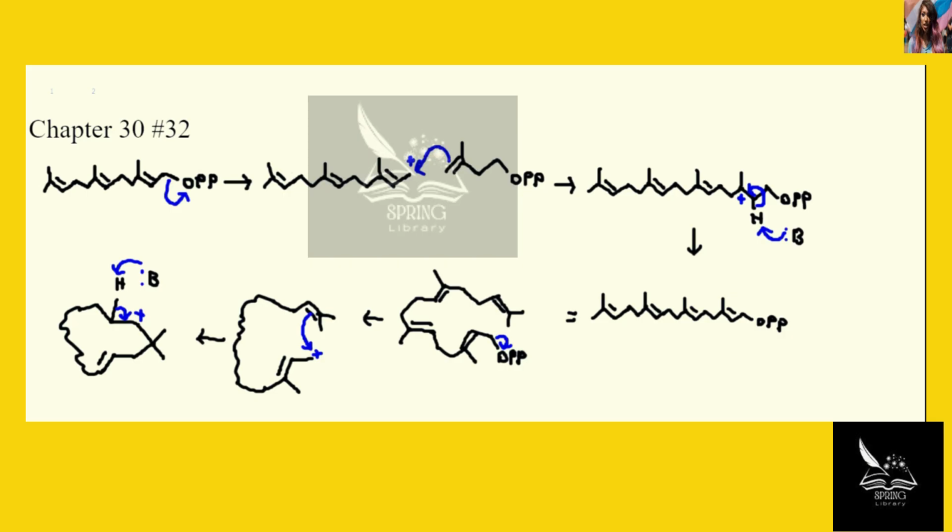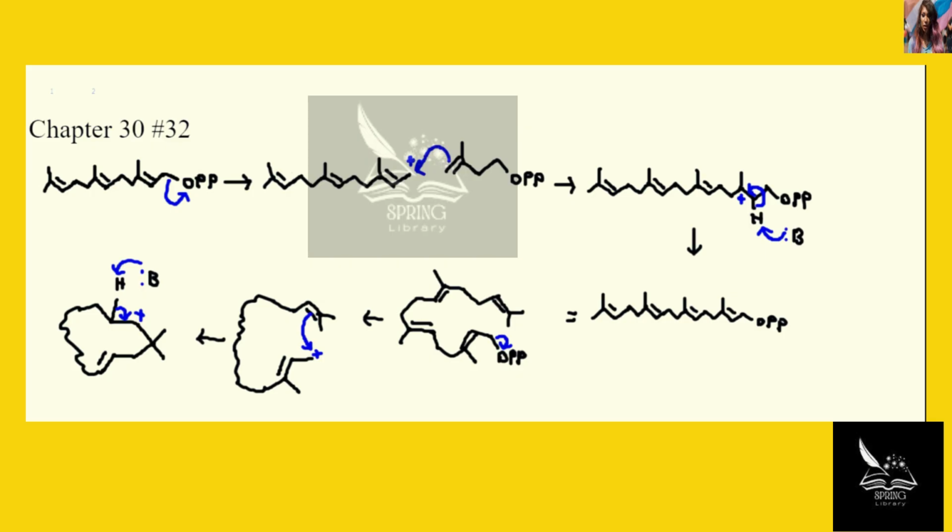So the reason that this is able to happen is that in reality, the electrons here are sort of bouncing back and forth. So each of these positions has somewhat of a carbocation. The difference being when the carbocation is at this position, the position it's actually in, it allows us to close this ring down and make this ring, which for whatever reason is preferential.